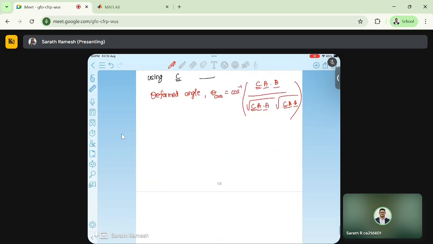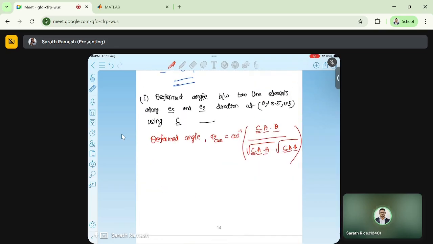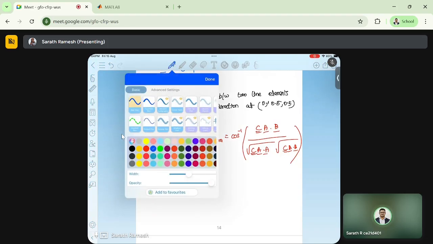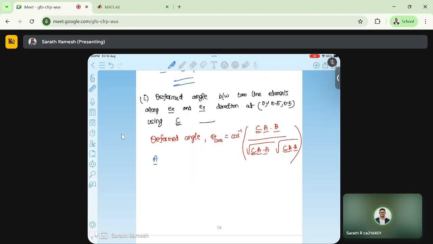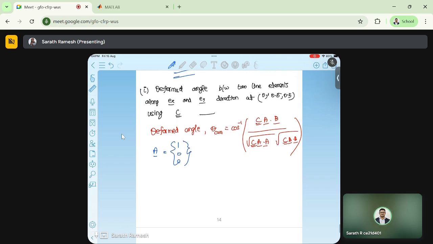Let's move forward. So A is EX. So EX means A will be 1, 0, 0. Now, let's compute each of the quantities one by one.